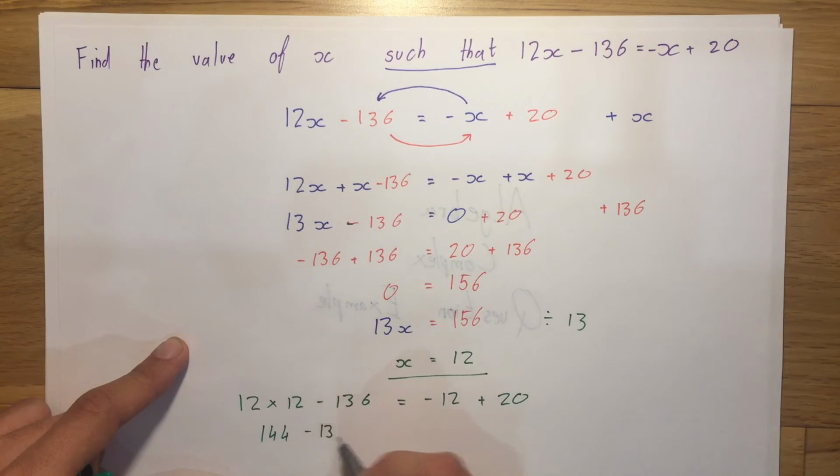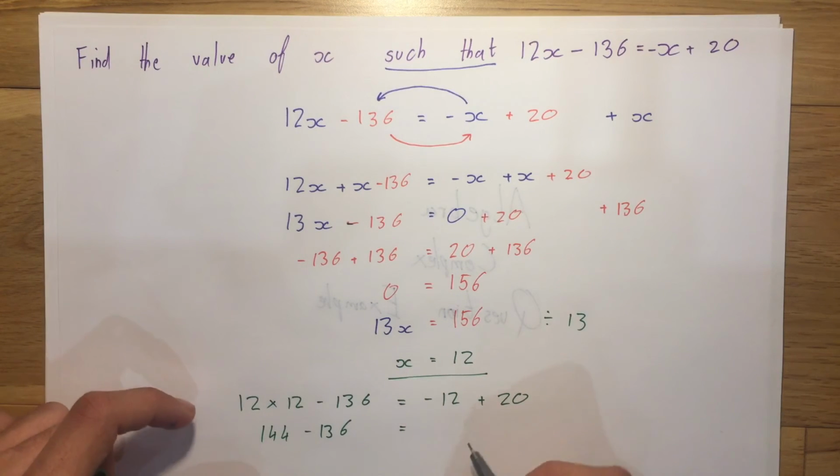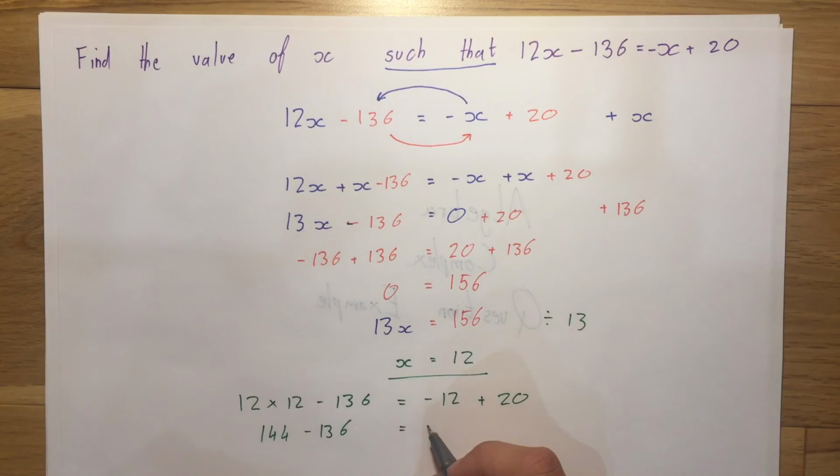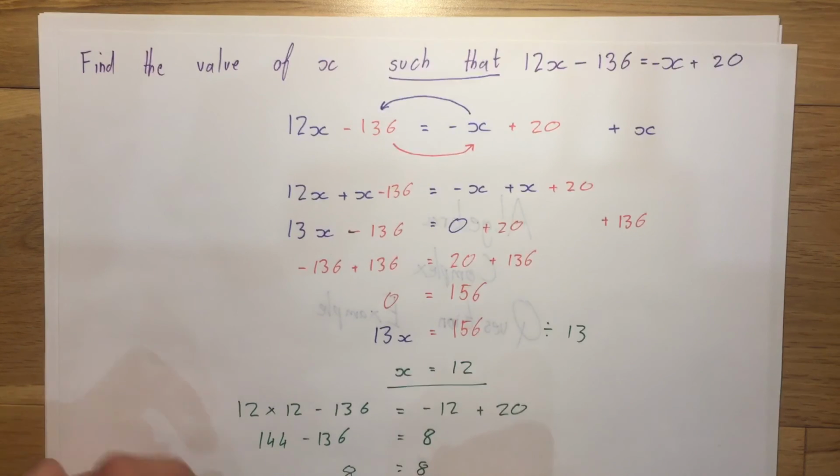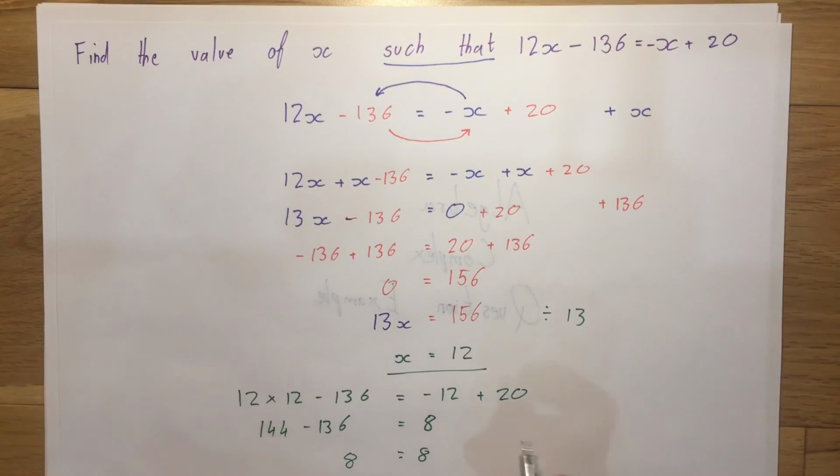Take away 136 is equal to minus 12 plus 20, which is equal to 8. And 144 take away 136, well, that's also equal to 8, which gives us 8 is equal to 8, which of course we know is true.